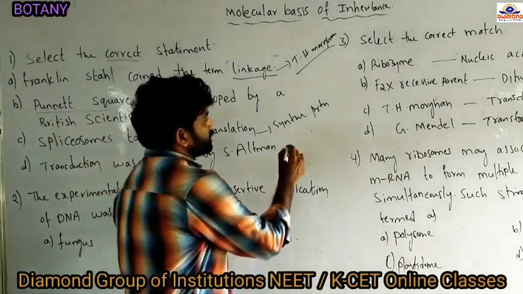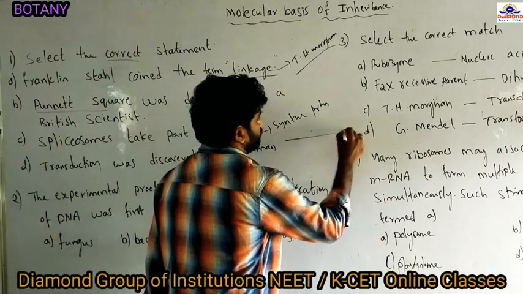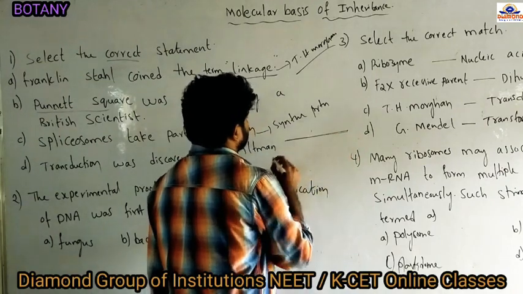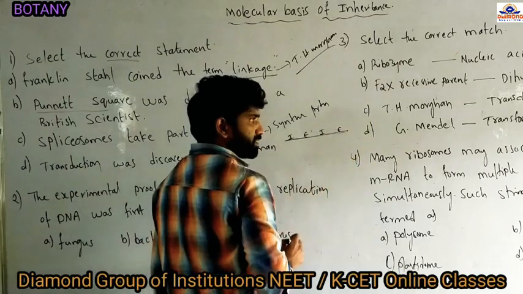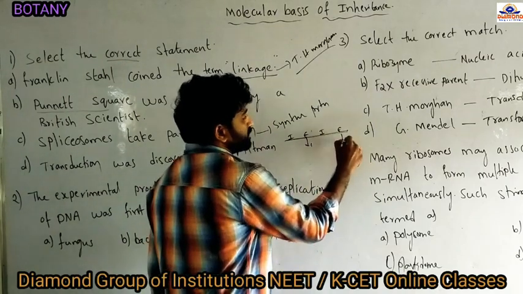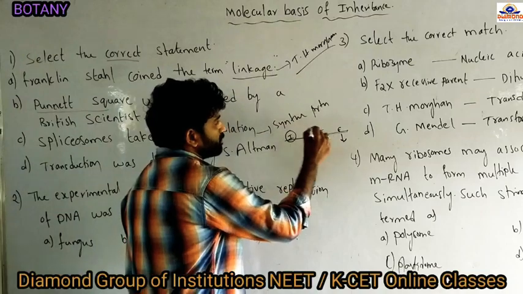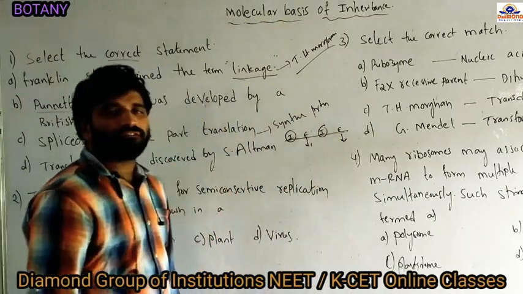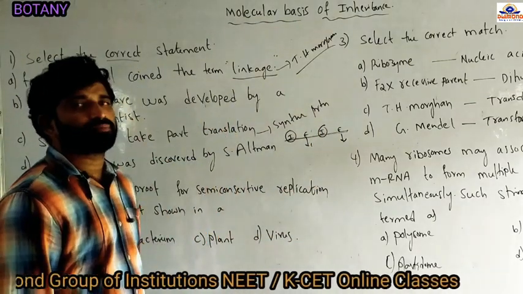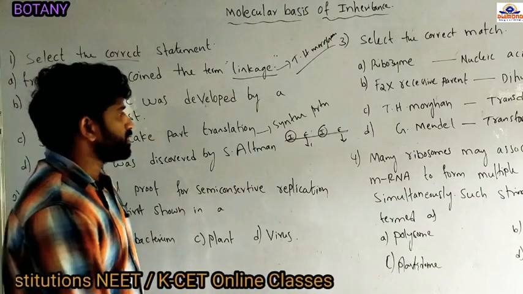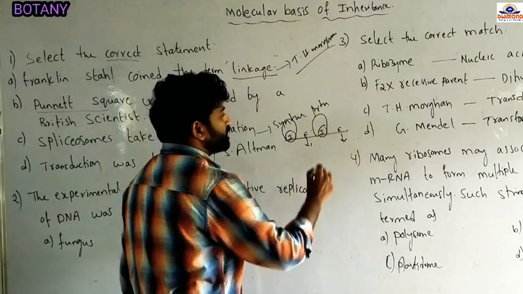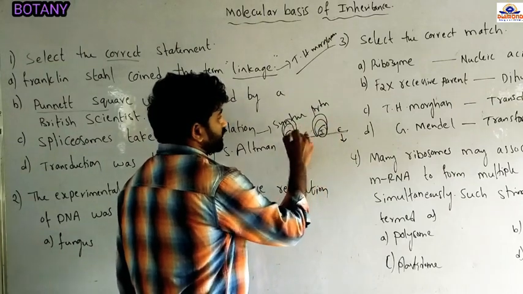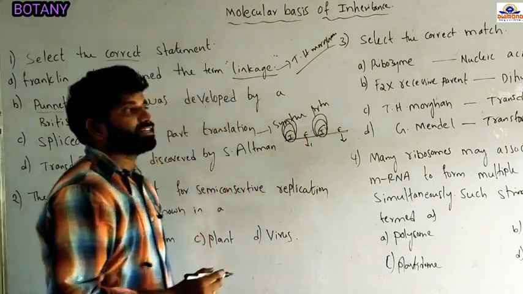After the synthesis of mRNA, it contains introns and exons. Exons are the coding sequences, introns are the non-coding sequences. For the removal of introns and joining of exons, the process of splicing takes place. A specialized mechanism is involved in removing the introns.